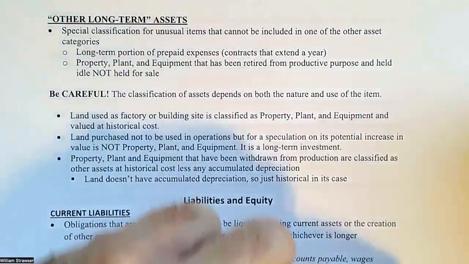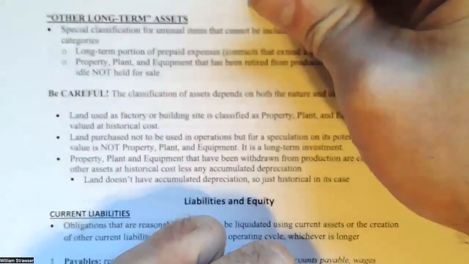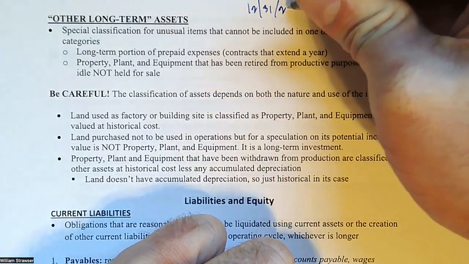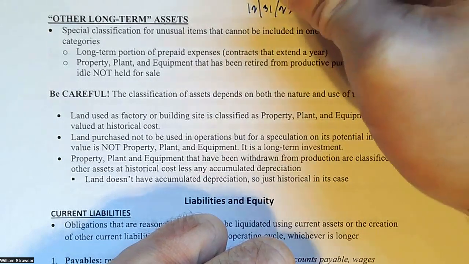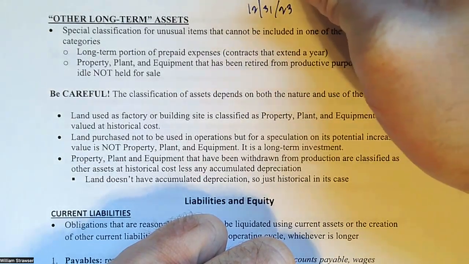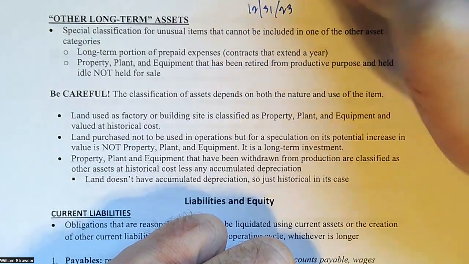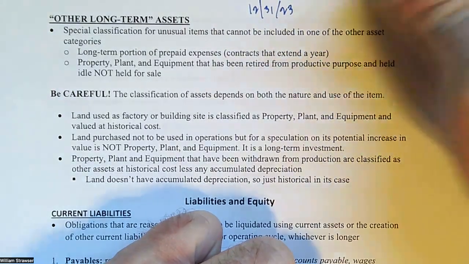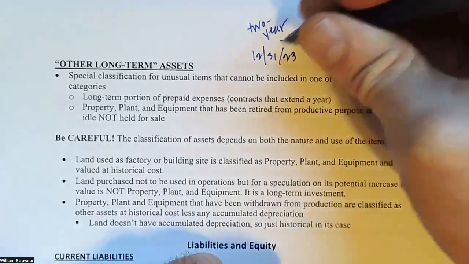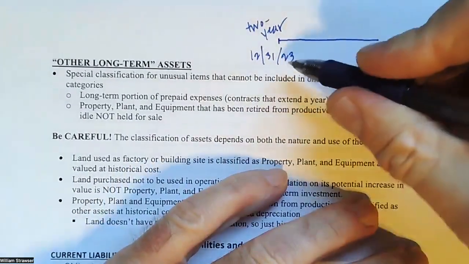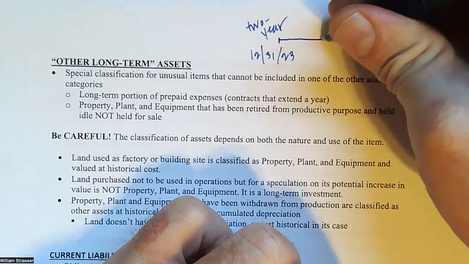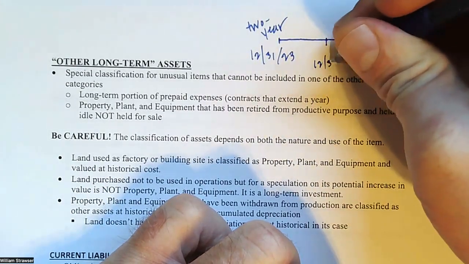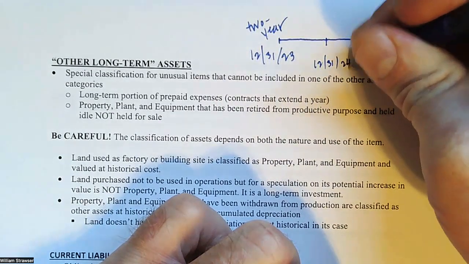In that case, if we had, say, at 12/31/23 a 2-year contract, then we would split it on this balance sheet date. If we had 2 years remaining at this date, then the portion of the contract that spans to 12/31/24, right?